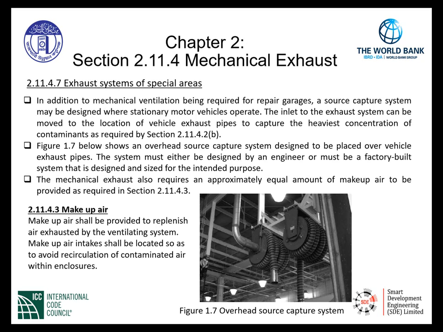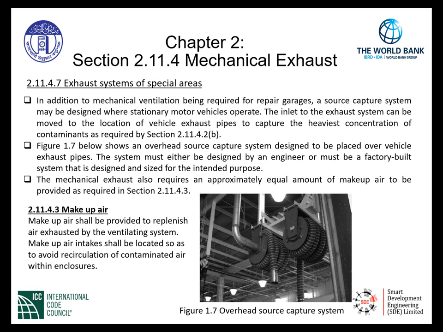Last, the mechanical exhaust also requires an approximately equal amount of makeup air to be provided as required in Section 2.11.4.3. That particular section indicates that makeup air needs to be provided to replenish the air that's exhausted by the ventilation system. In this case, it's an exhaust system.